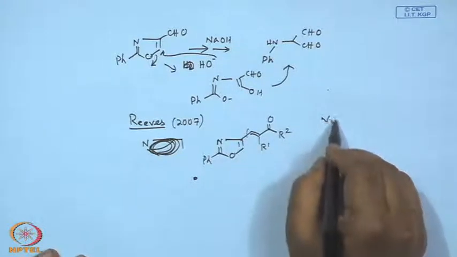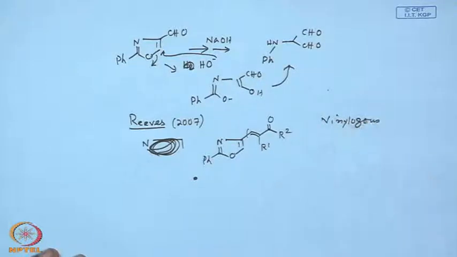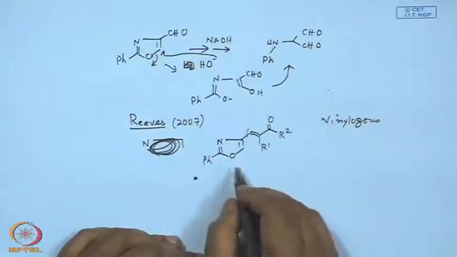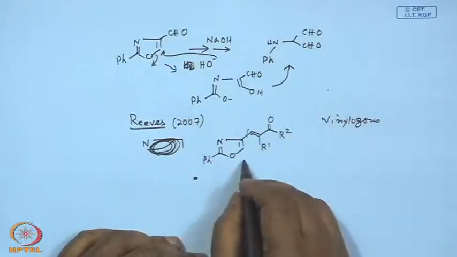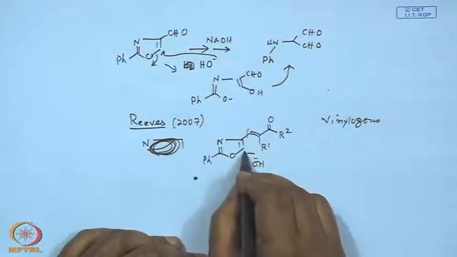So that is vinylogous. All of us know vinylogous compounds are electronically similar in reactivity. So one would expect them, under the conditions of sodium hydroxide, so what do you expect here?